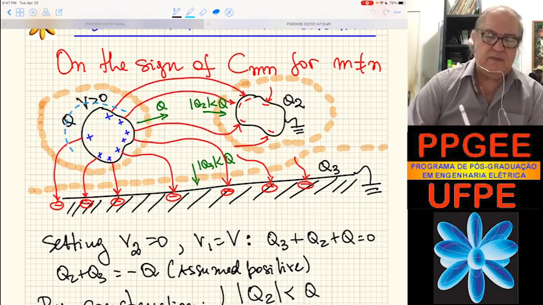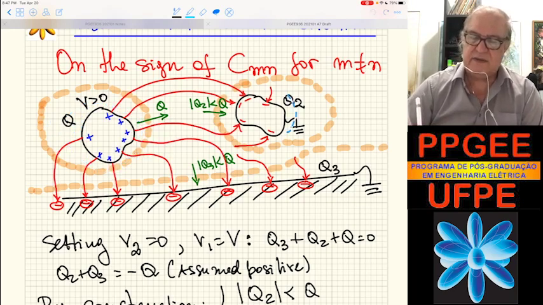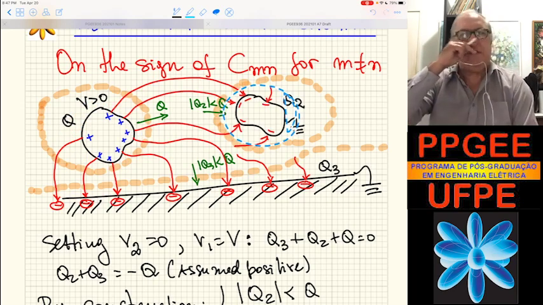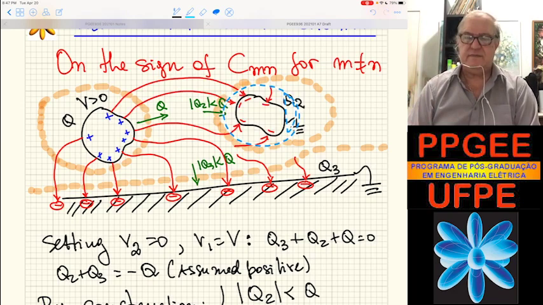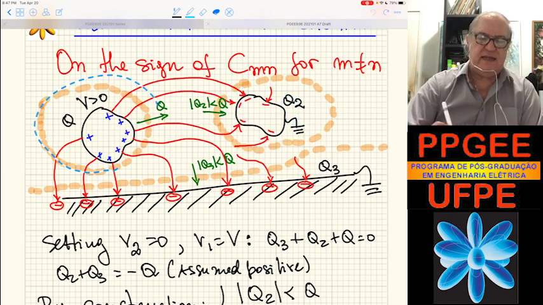And I can also calculate the flux on a surface that encloses this electrode, because not all of the lines that go out from this electrode end up on this one.